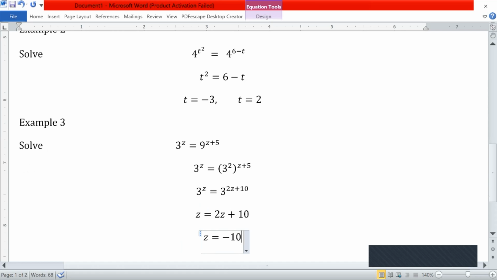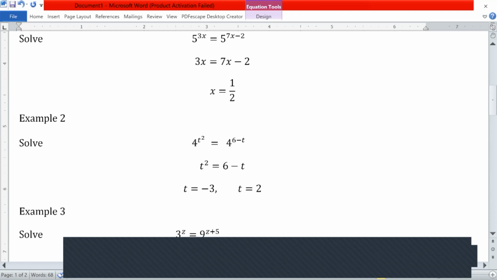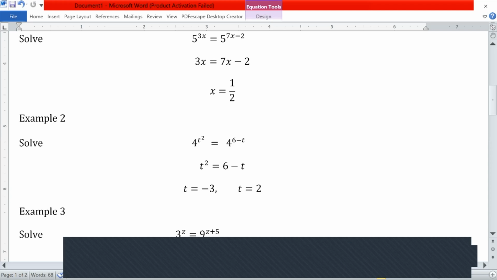Miss? Yes, Sarindu? Miss, for the second example you gave, 4t squared equals 4 to the power 6 minus t. In that one, if you had 4 to the power 2 is equal to 4 to the power x squared minus x, x and t, two unknowns.